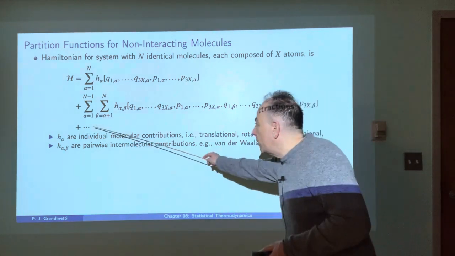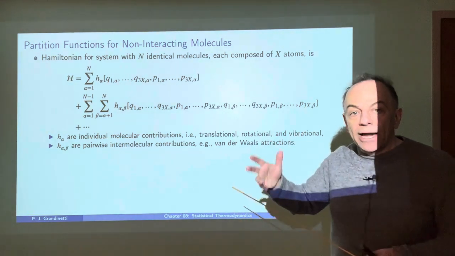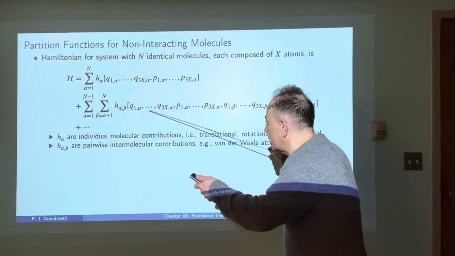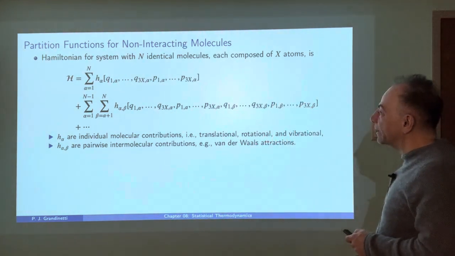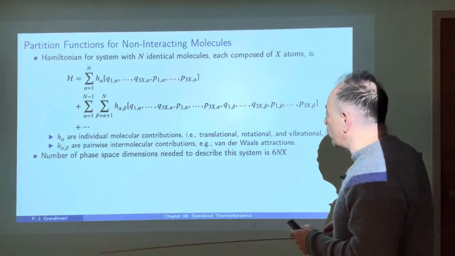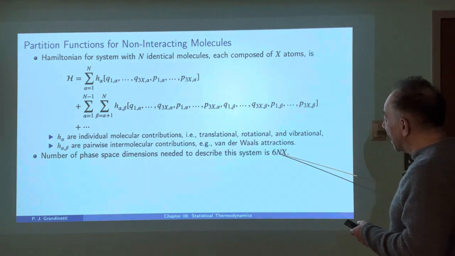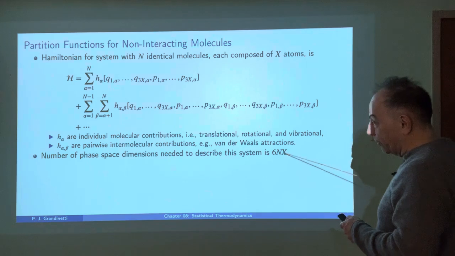Now, generally what we learned before is that this is an approximation. There could be 3-body, 4-body potentials that you have to include. But for our purposes, we just want to make sure that we have a clear picture of what you have in the Hamiltonian. Now, the phase space that we're going to use to describe this system is going to have a dimensionality of 6 times N times x. N is the number of molecules, x is the number of atoms in each molecule.